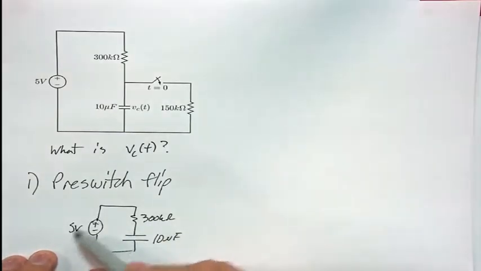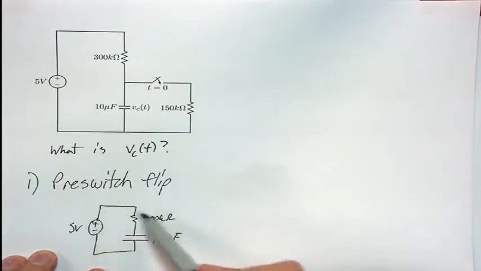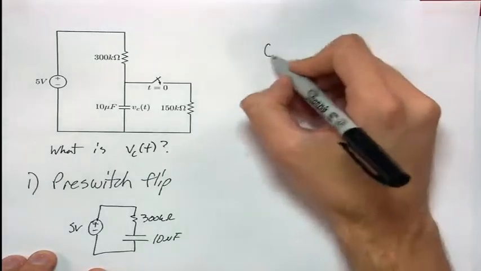Since the circuit has been running for a really long time for t less than 0, the capacitor is filled up. And for filled capacitors, we can replace those with an open circuit.